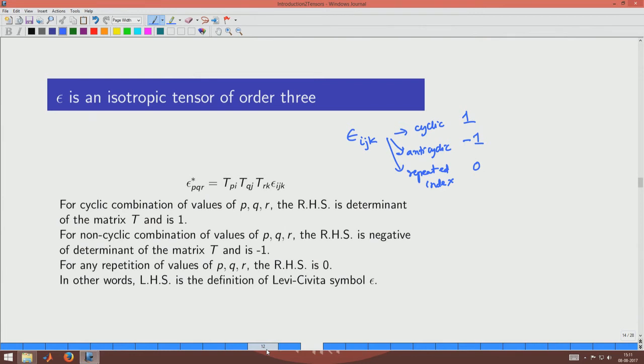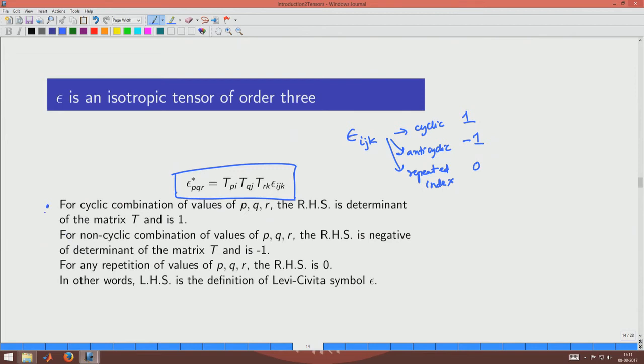So, we are going to use that to now check what happens, whether if you want to call this epsilon a tensor, then what does it imply. So, we see that the definition of epsilon being a tensor is now given here. Okay. Now, from this definition can we talk about anything. Now, you see that the way the argument is done is as follows.